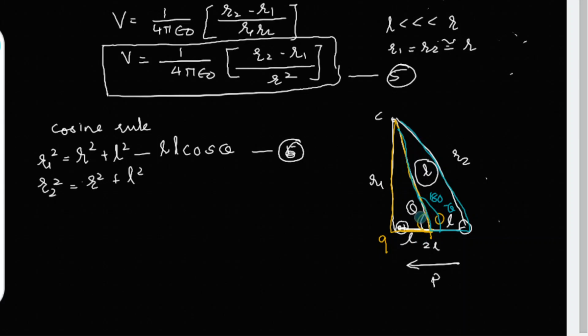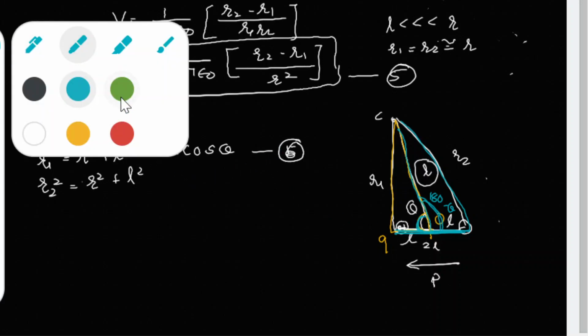Are you getting? This is theta, this is the central line. So here this angle becomes 180 minus theta, so it is more than 90.